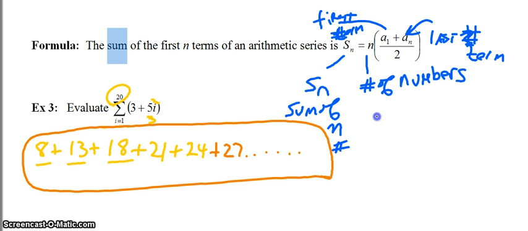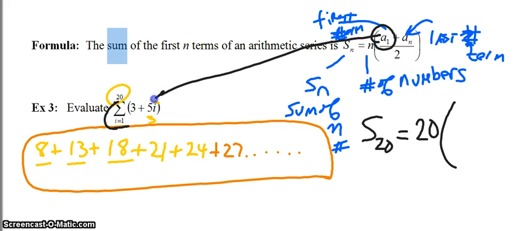If I want to find the sum of all 20 of these terms, how do I know I have 20 terms? I start with 1 and go up to 20, so that'll give me 20 terms. n is 20. The first term comes from putting in i equal to 1, and we saw that the first term was equal to 8.